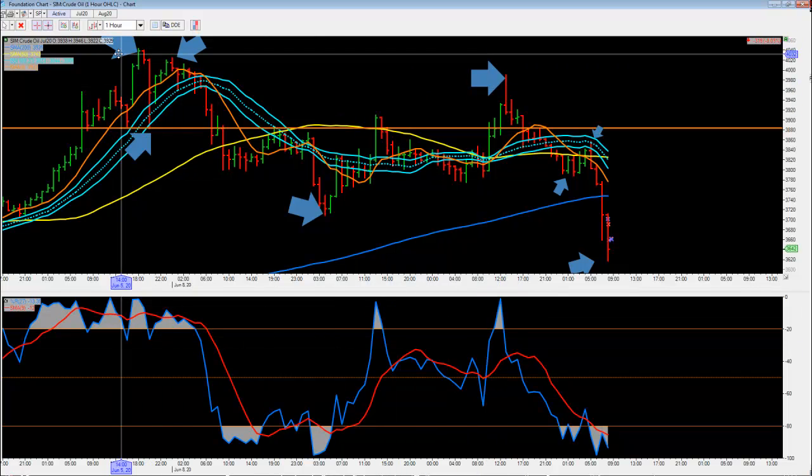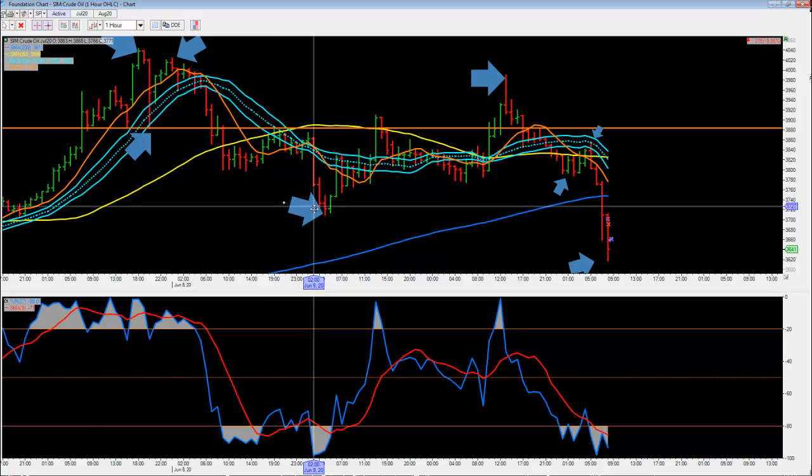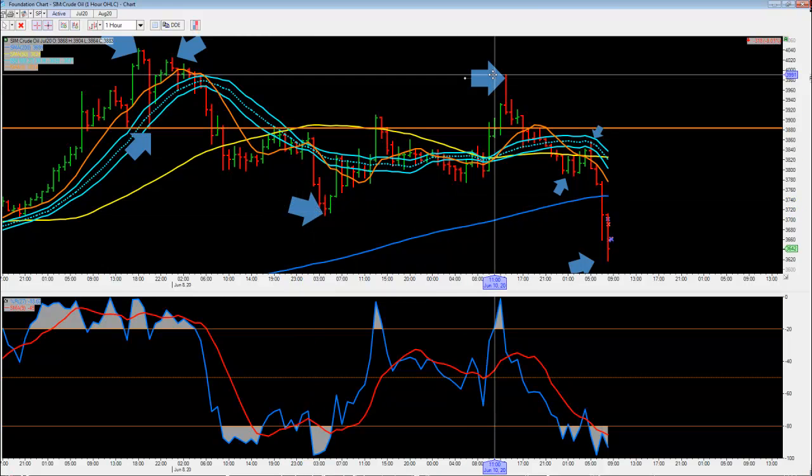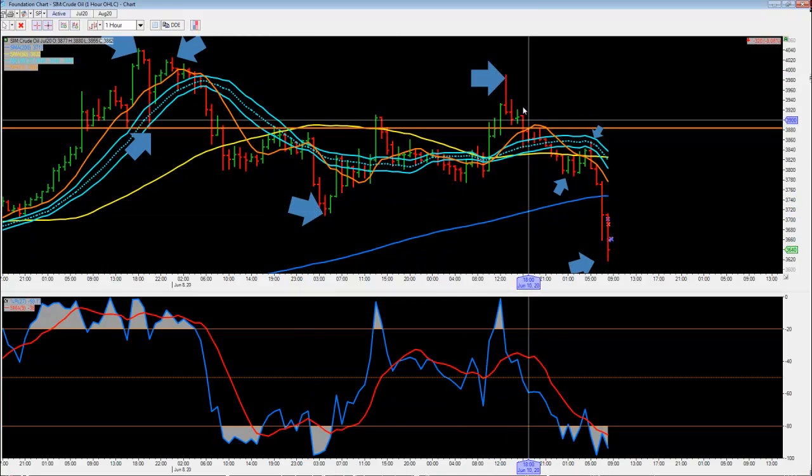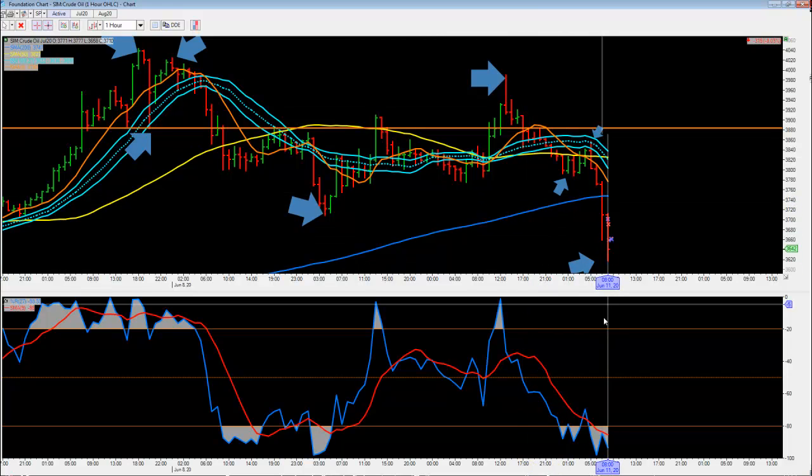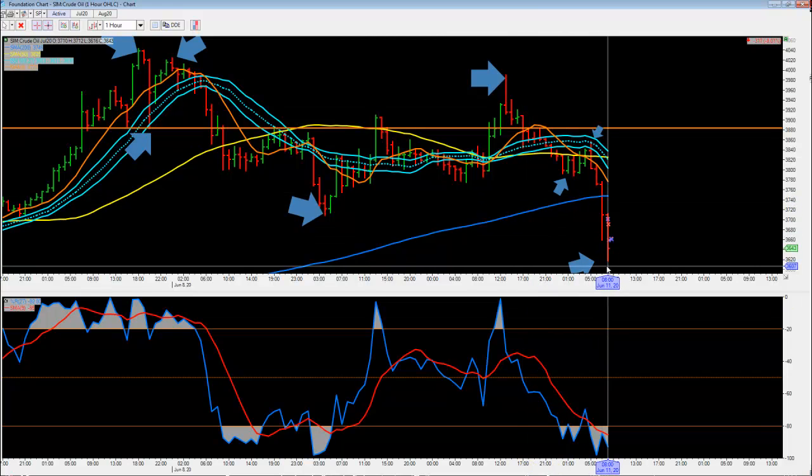On the hourly chart, this is your 0 point. Here's your 1. Here's your 2. This one didn't form. This is coming down to make 3 now. So this was 2 to 3 on the hourly chart.